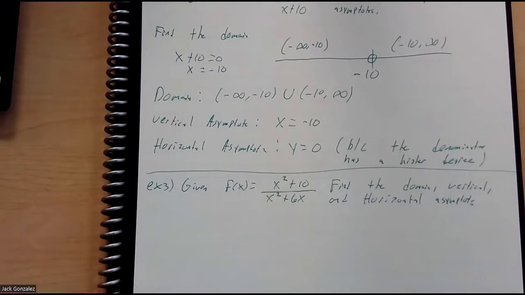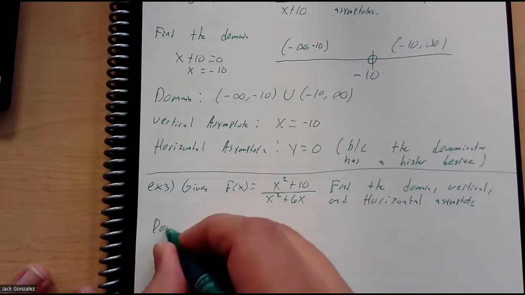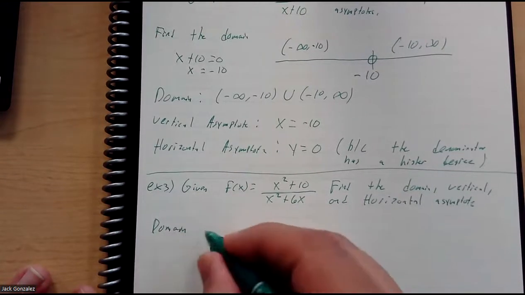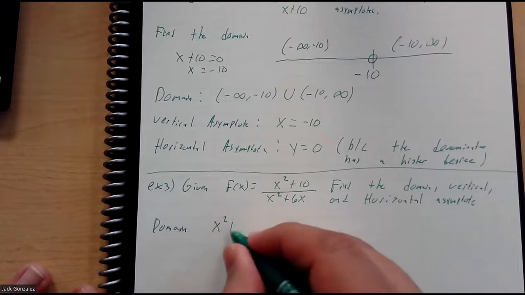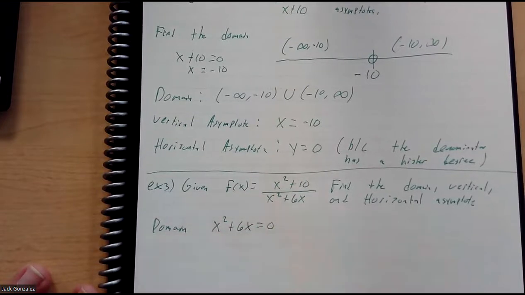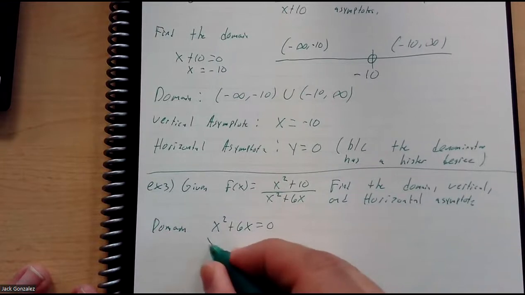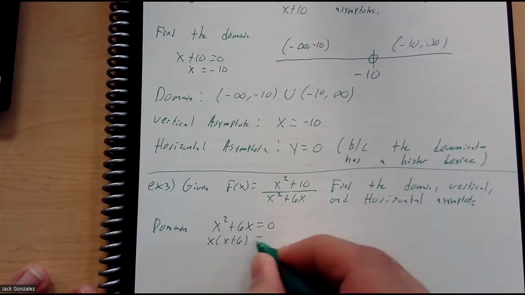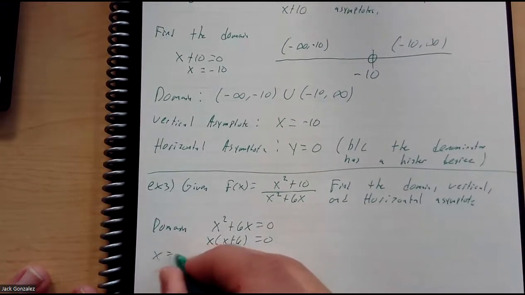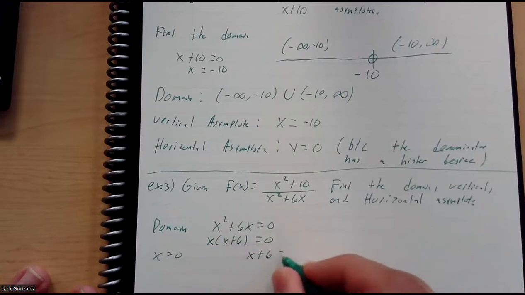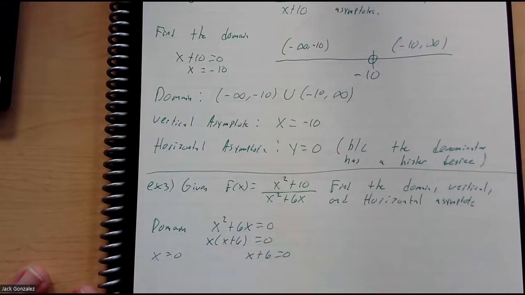So first step, find the domain, and that should give you the vertical asymptote right away, because you got to work around the asymptotes. So domain right here, the x squared plus 6x equal to 0. Factor. So that gives us that x is 0 and x plus 6 is 0.